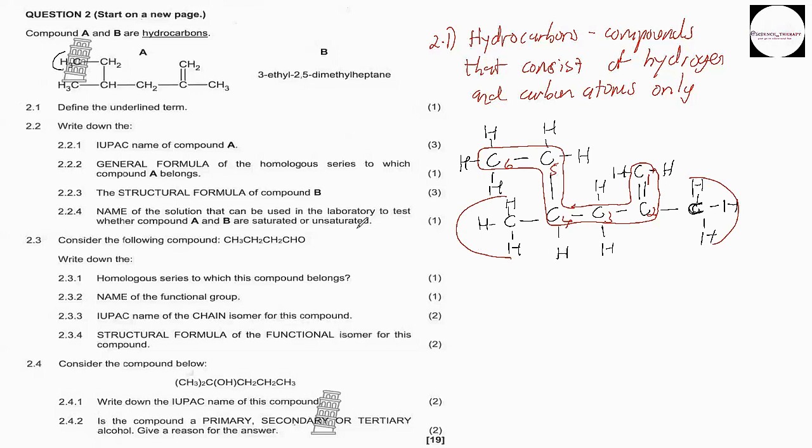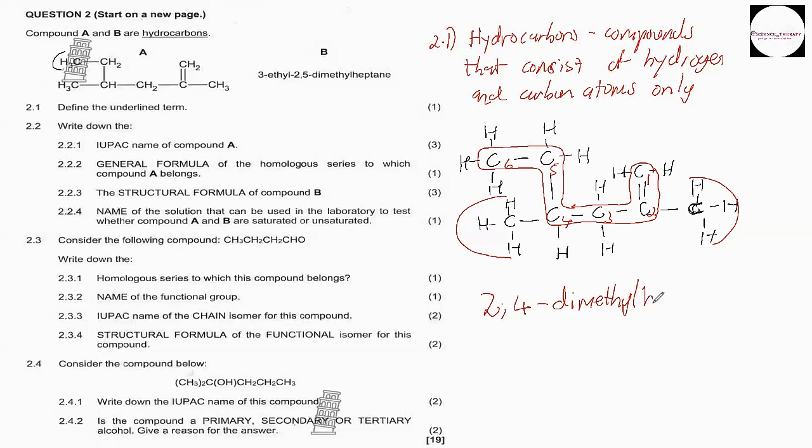So having to give the IUPAC name for this, we will indicate the positions of the methyl branches, which is in 2 and 4. And then since there are 2 of them, we will say dimethyl. But then remember now, the longest chain has 6 carbons.